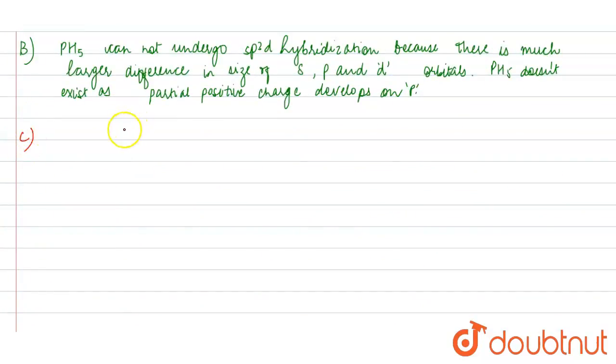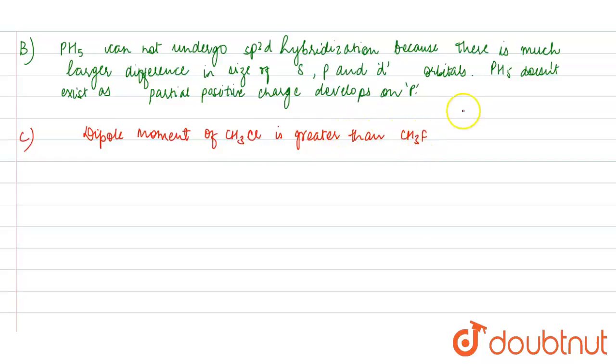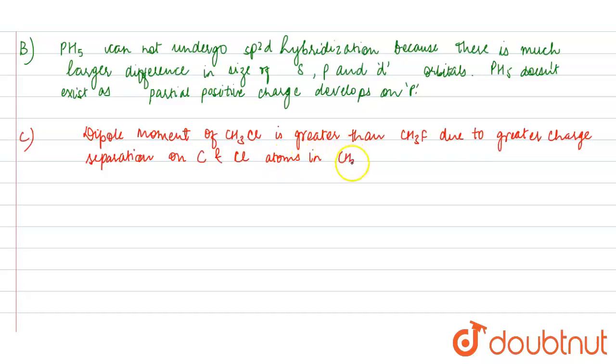As I explained, the dipole moment of CH3Cl is greater than CH3F due to greater charge separation on the carbon and chlorine atoms in CH3Cl.